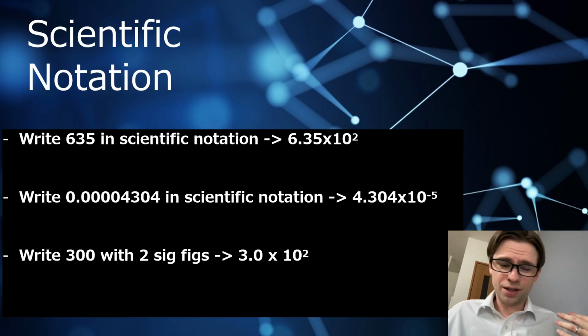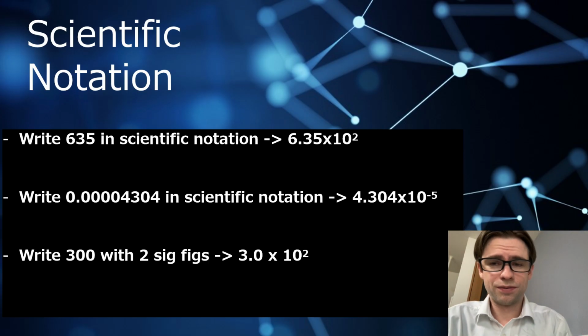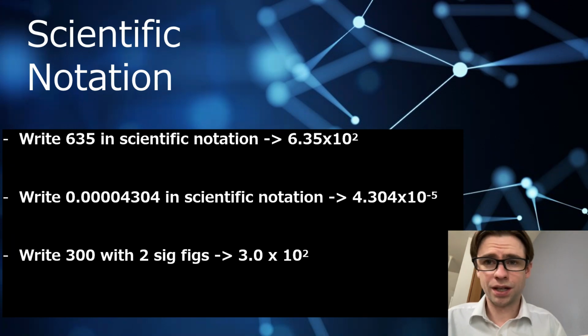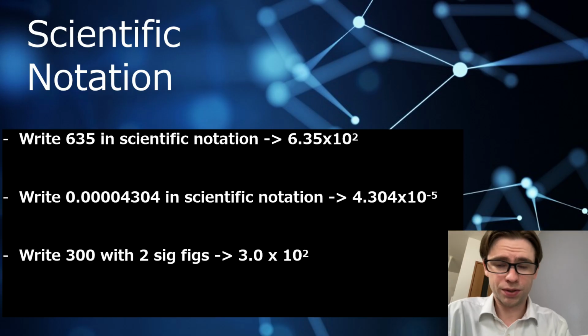But if your number is supposed to have 2 significant figures, you can write this in scientific notation. 3.0 times 10 to the 2 is mathematically equivalent to 300, but it has 2 significant figures. Remember, significant figures are indicated in the left side of a scientific notation number.